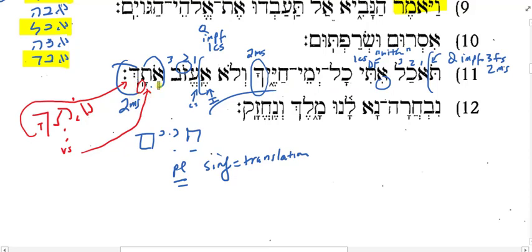Okay? The 2fs looks just like that. So yeah, in form it's ambiguous, but if you see the strong disjunctive accent like the silluq or the athnach, then it's pausally lengthened, and that's really a 2ms form. Okay? So I will not forsake you. Right. You just might have a different accent mark.